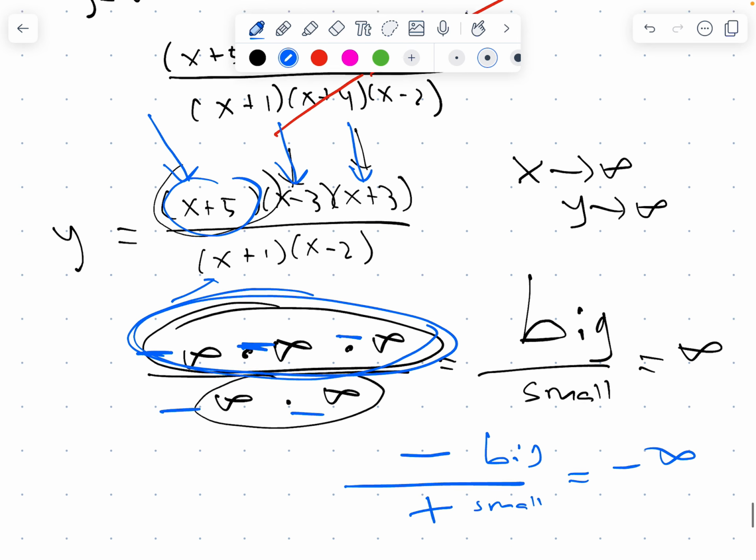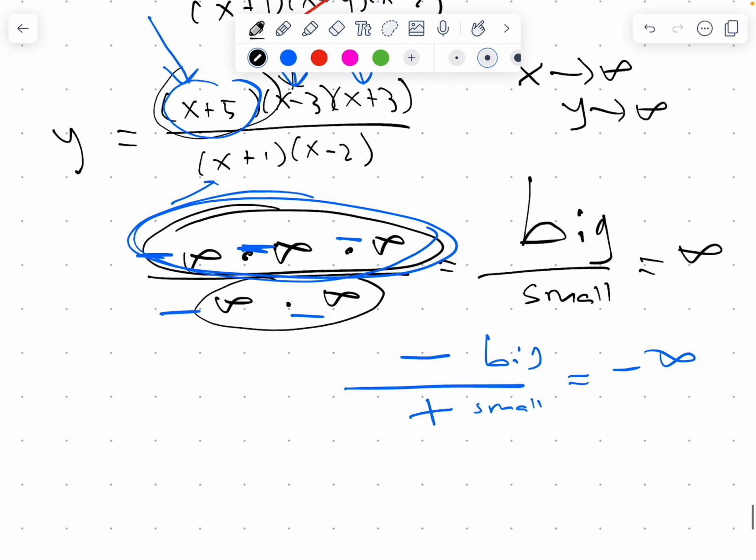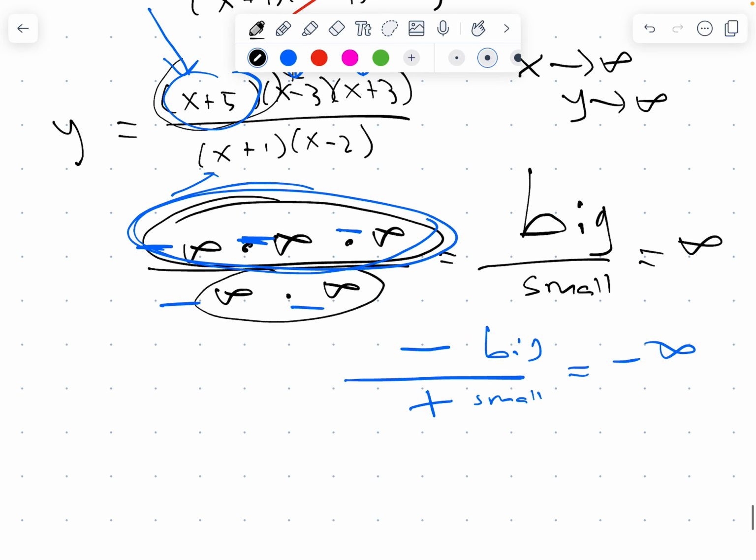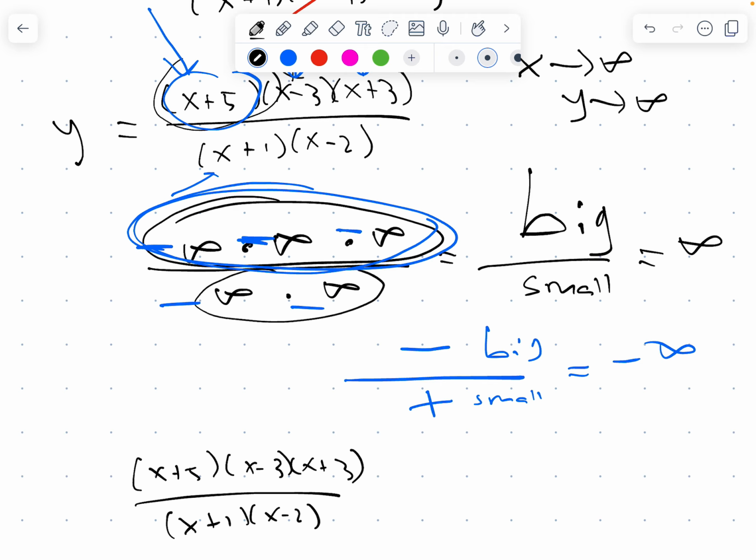Now, another way of thinking about this is this. Overall, I'm just going to write it one more time: (x + 5)(x - 3)(x + 3) on the top, and on the bottom, we have (x + 1)(x - 2). Well, if I multiply this out, the top becomes x cubed plus some other stuff.